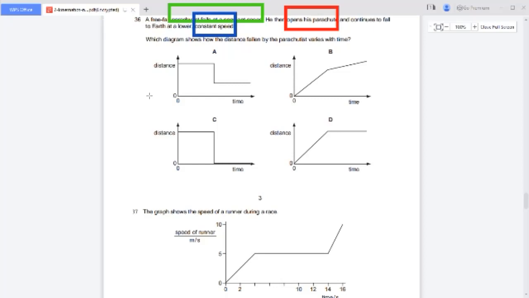So let's match our graph, given graph. Okay, so let's start with option D. Here it is a distance time graph.